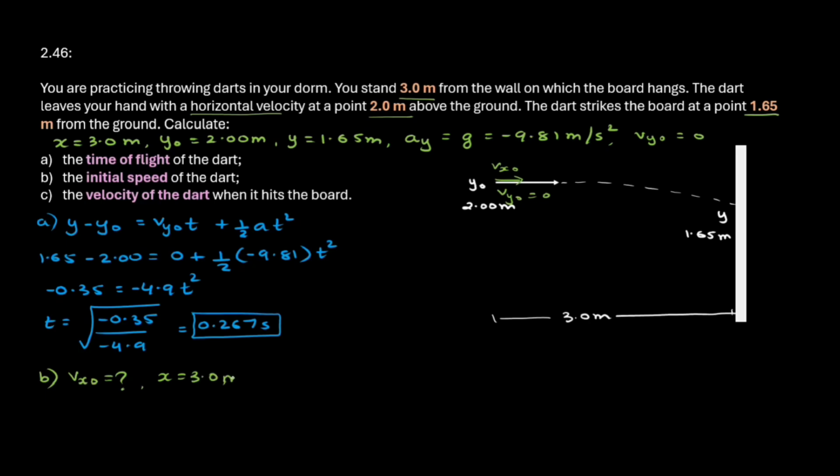And we already found the time of flight from part A, which is t equals 0.267 seconds. So we will use the basic definition between speed, time, and distance to calculate this initial speed. We will write vx0 to be equal to x over t, distance over time, which is 3 over 0.267. That gives you the initial speed of the dart to be equal to 11.23 meter per second.